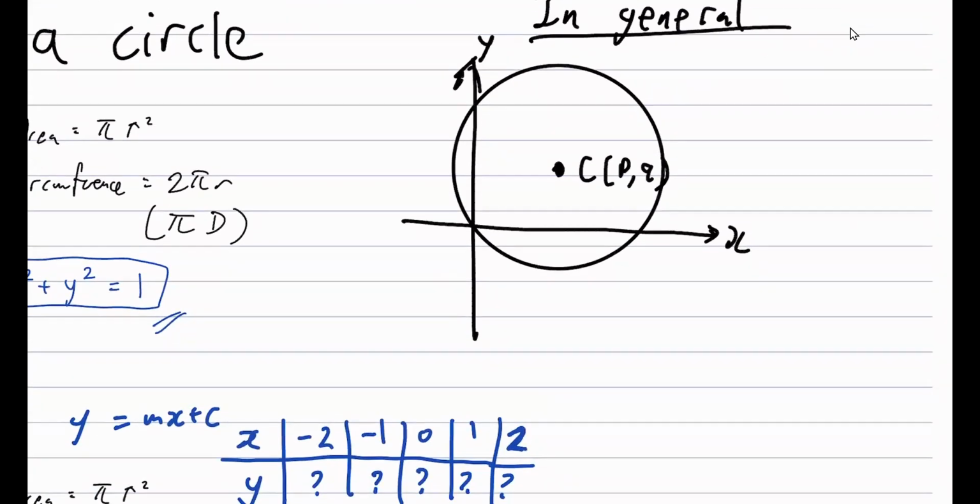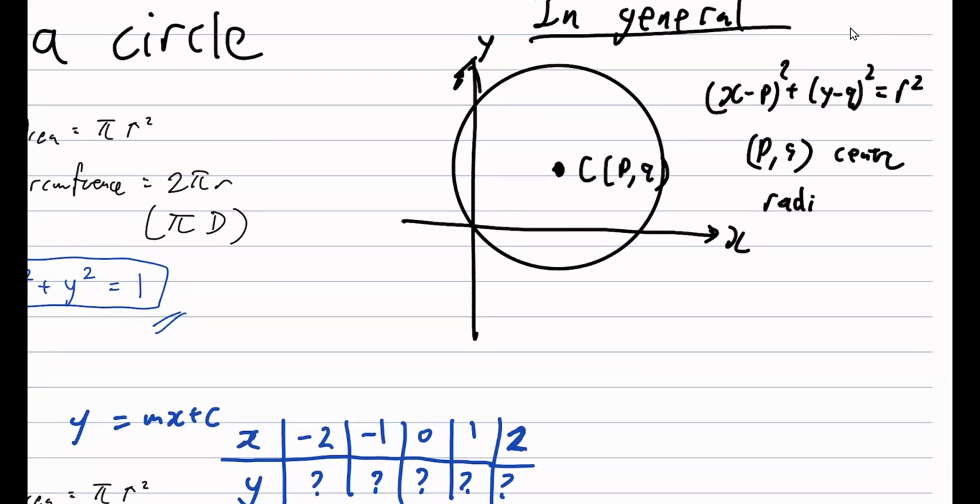The equation of the circle is always (x minus p) squared plus (y minus q) squared equals r squared, where p comma q is the center and the radius is length r.